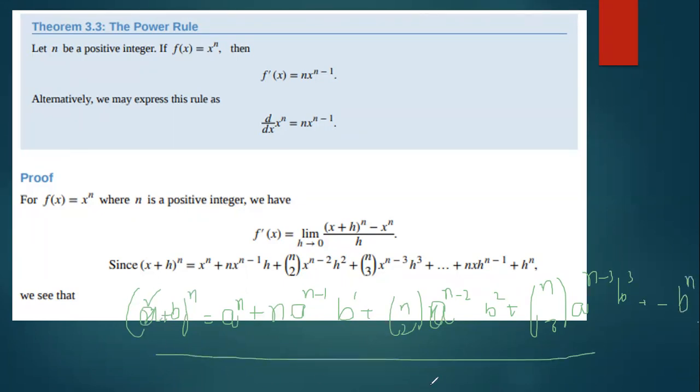This is the general formula of the binomial theorem to solve a given equation.